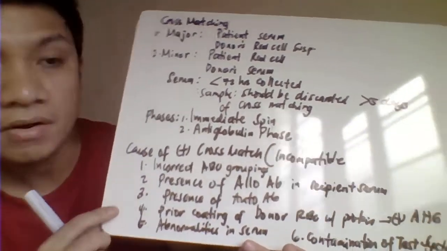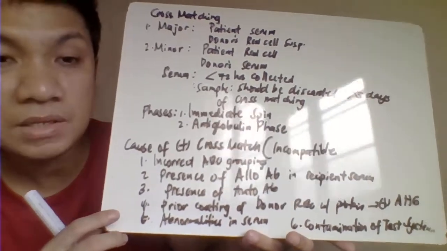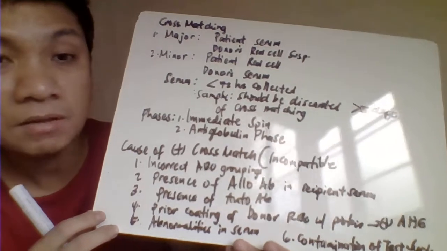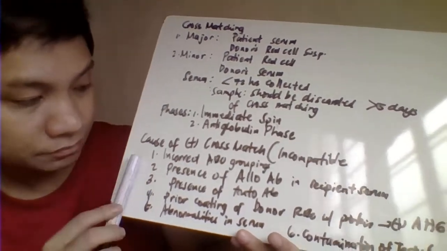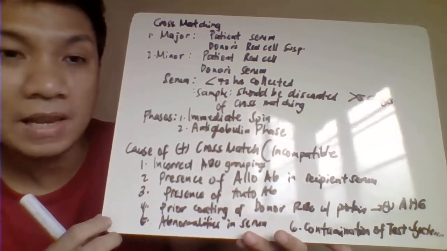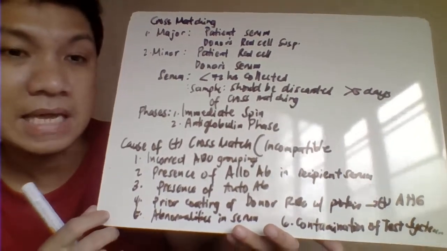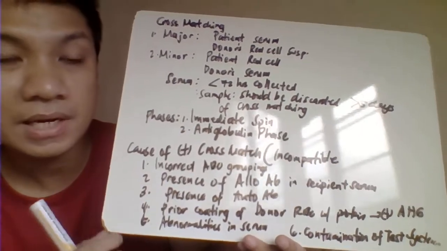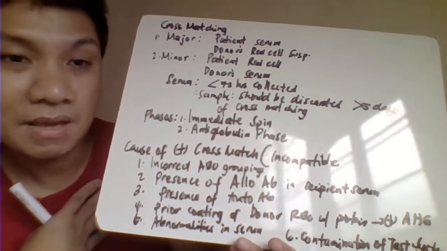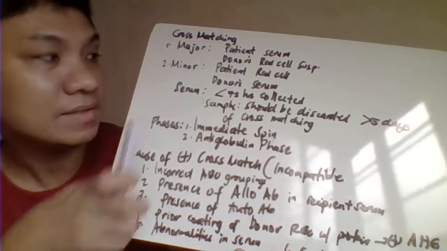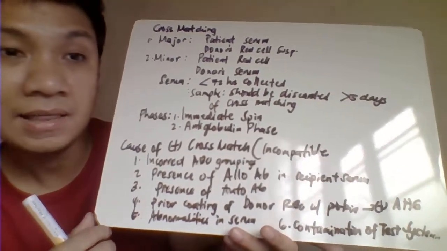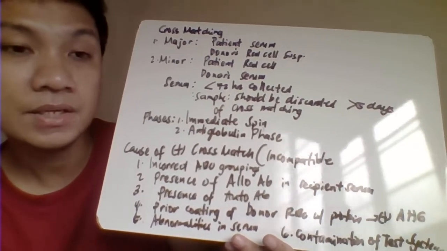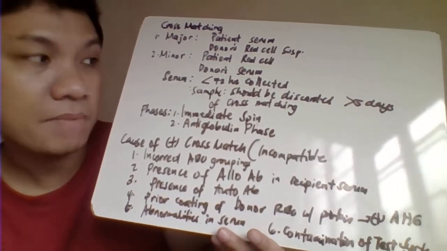Okay, then we have here the causes of your positive cross-matching, meaning pag positive, that would signify na incompatible ang ating result, meaning may agglutination reaction. First one, hindi compatible ang ABO blood group ni recipient sa donor natin. Remember that in the major, we are considering ang antibody ni recipient versus the red cell antigen ni donor. Sa minor naman, ang antibody ni donor versus the red cell antigen ni recipient.